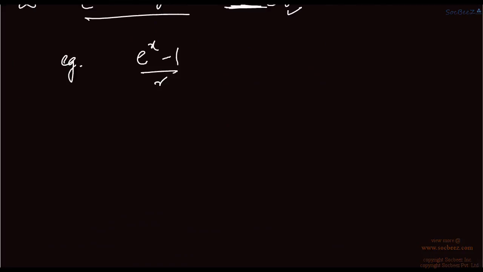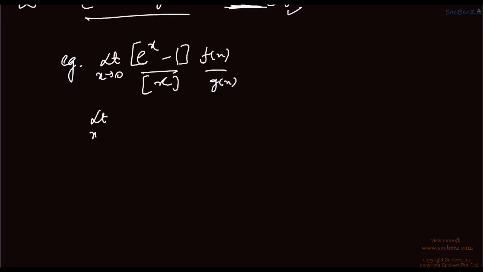Example. Let's take one of our standard limits, e to the power x minus 1 upon x, limit x tending to 0. Now this is our f(x) and this is our g(x). Limit x tending to 0, f(x) is 0, and limit x tending to 0, g(x) is also 0.